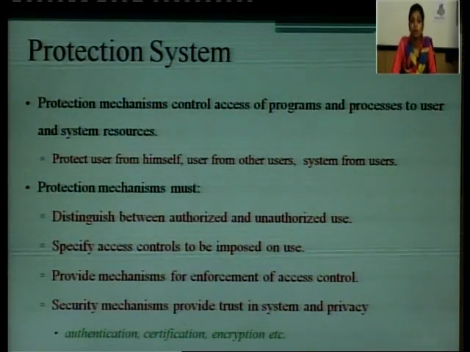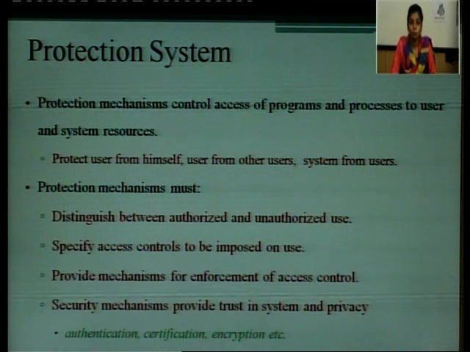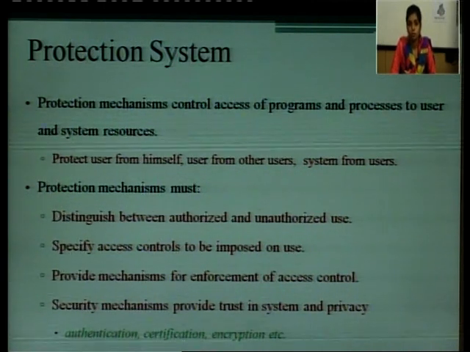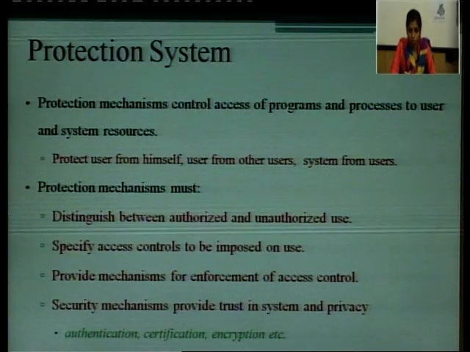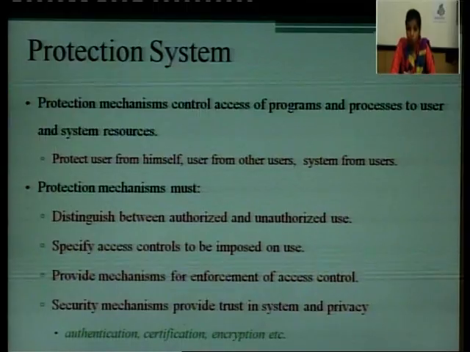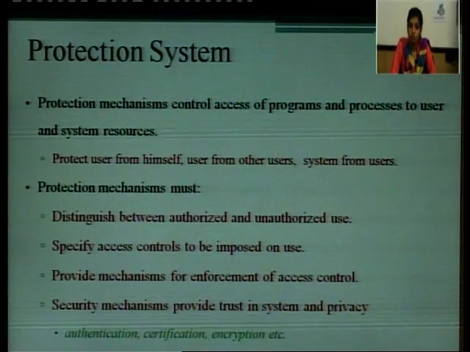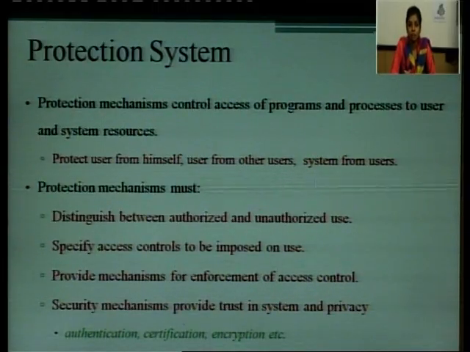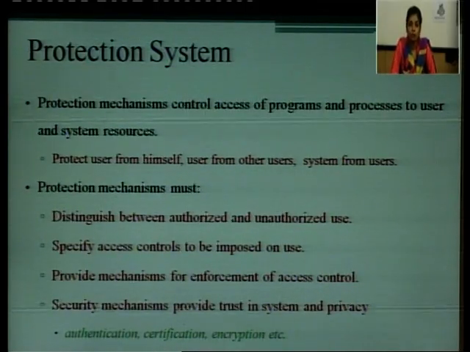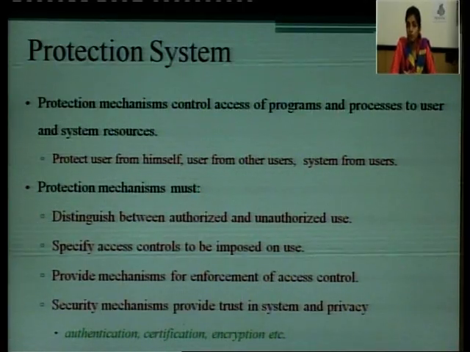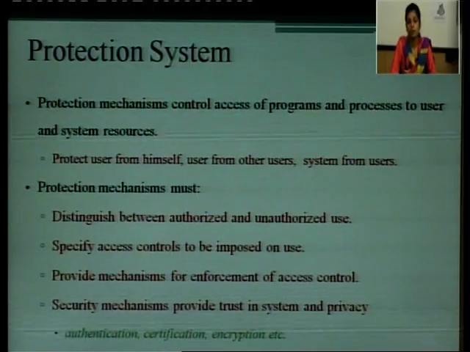Protection system. Protection mechanism controls access of programs and processes to user and system resources. It protects the user from himself, users from other users, and the system from users. Protection means controlling a particular program. The operating system's protection mechanism must distinguish between authorized and unauthorized users, because some operating systems provide a user account system.